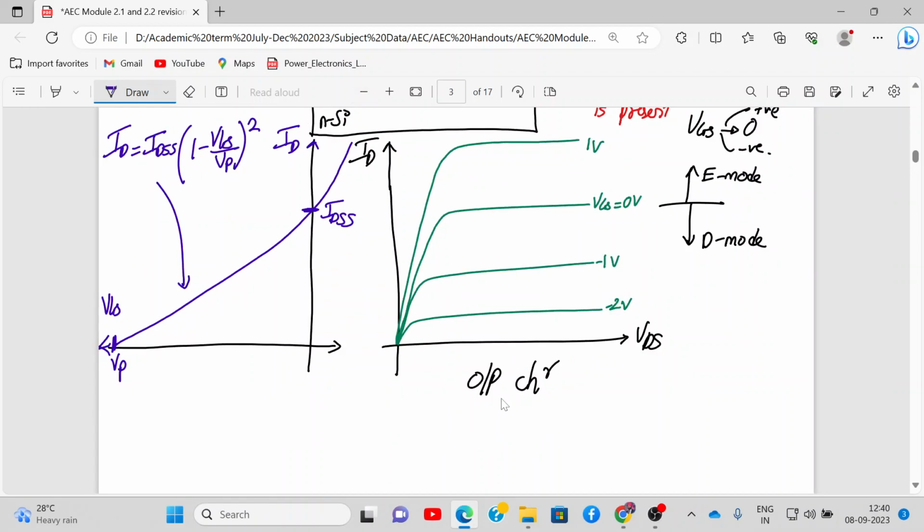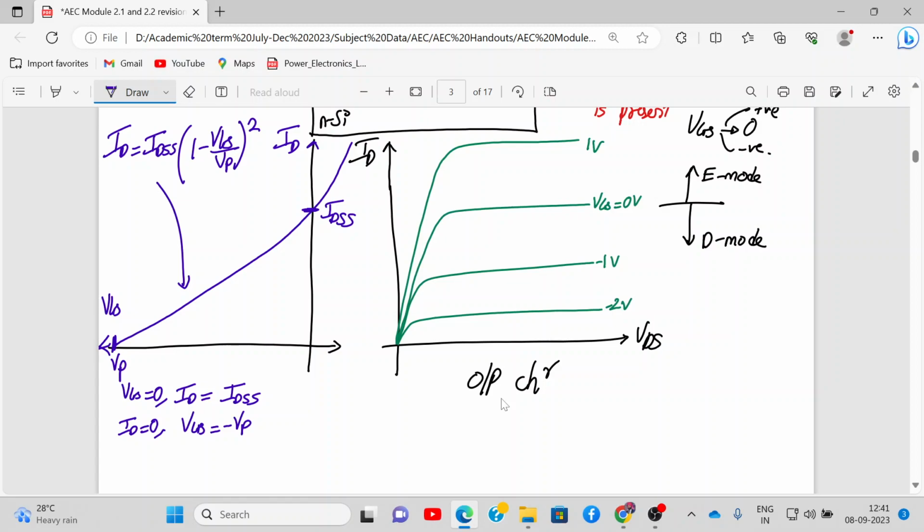In this expression, if I substitute VGS equal to 0, what will I get? ID equals IDSS, right? And if I make ID equal to 0, what will be my VGS? It will be equal to VP.